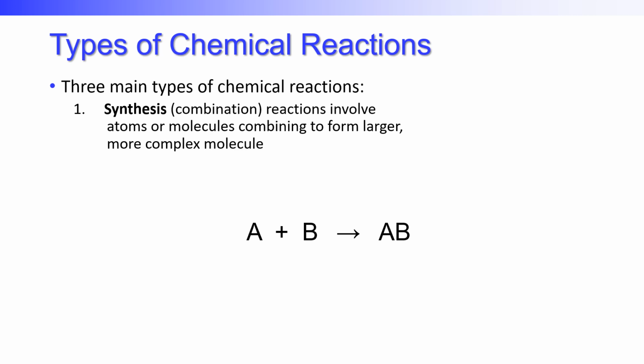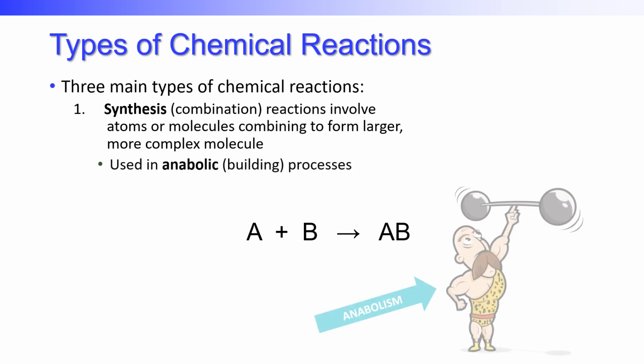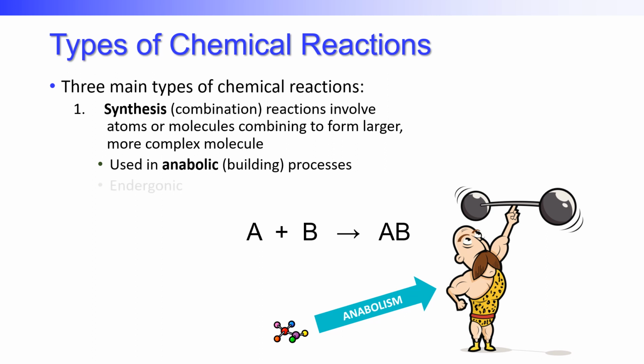Typically, these reactions are anabolic. And with anabolic, we mean we take the small molecules and we make big things out of them, like muscle and bone. Another quality of these synthesis reactions, these anabolic reactions, is that they have a tendency to be endergonic.